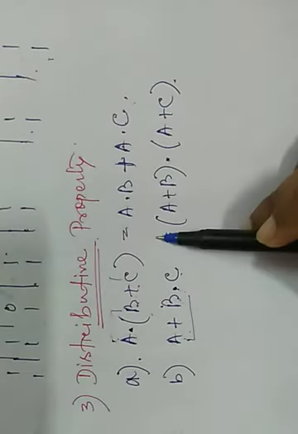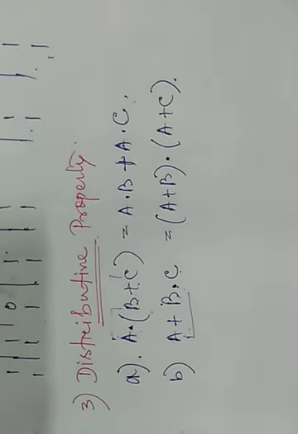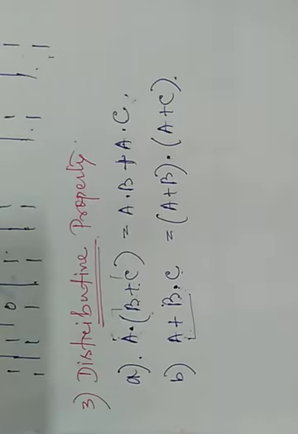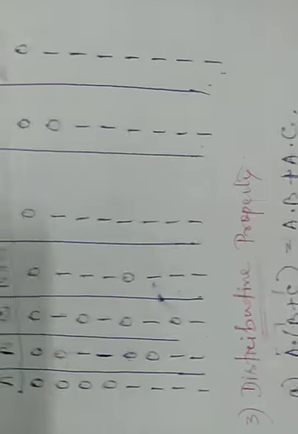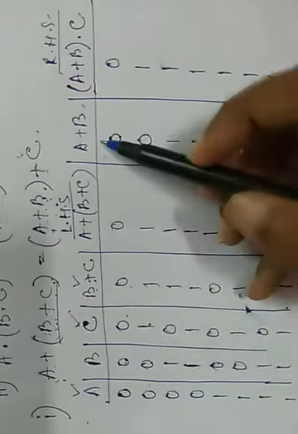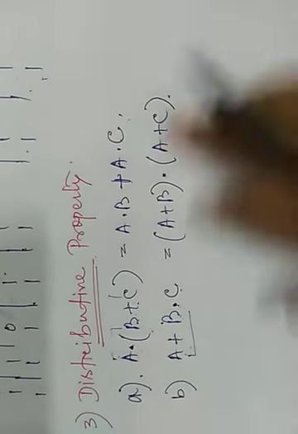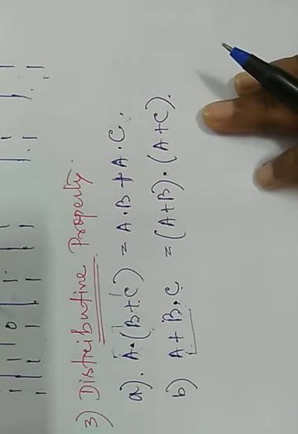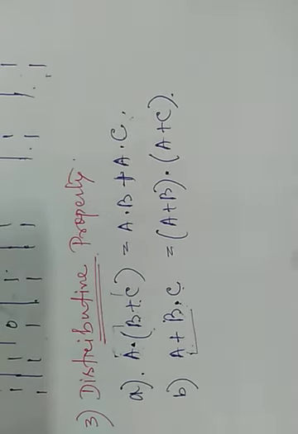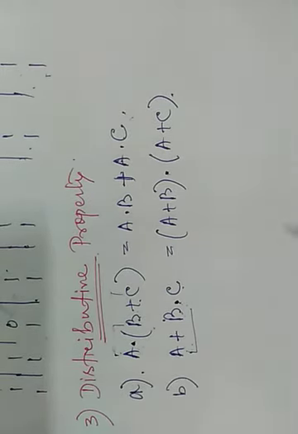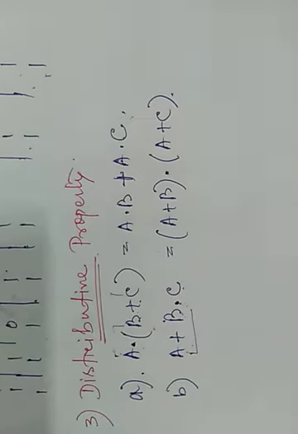As it has three variables in the distributive property, you have to make the truth table of three variables and do whatever we want. Like this, using a truth table we can prove it. Clear? So these are three properties which we need whenever we are going to do simplifications in our Boolean expressions.